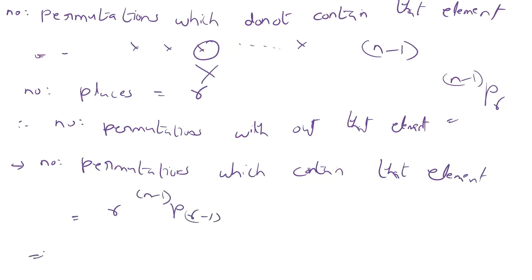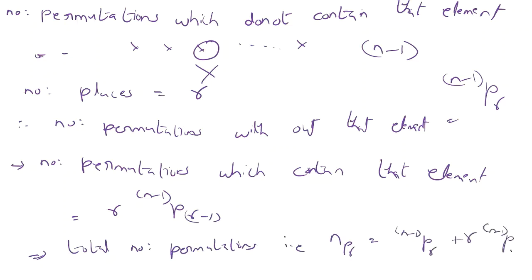So this implies the total number of permutations, that is nPr, is equal to n minus 1 P r plus r times n minus 1 P r minus 1. So this is the proof using combinatorial argument.